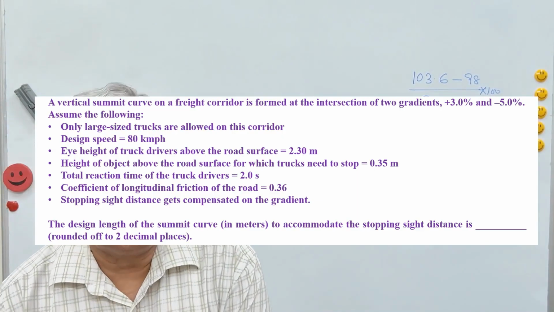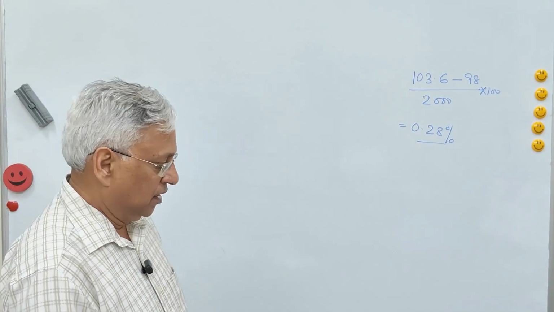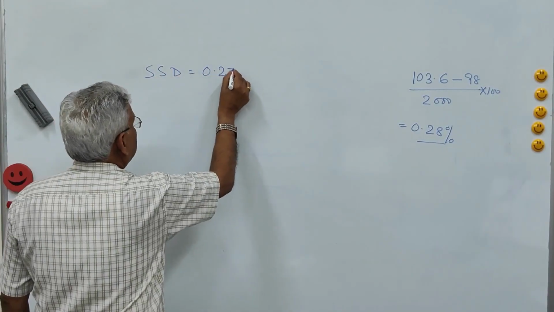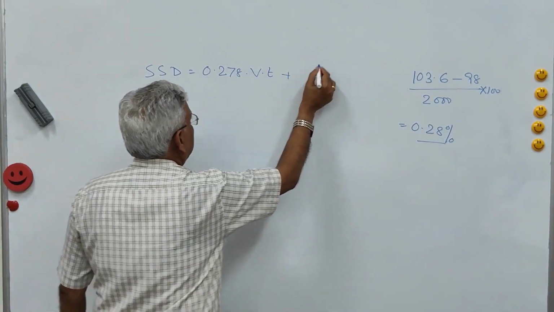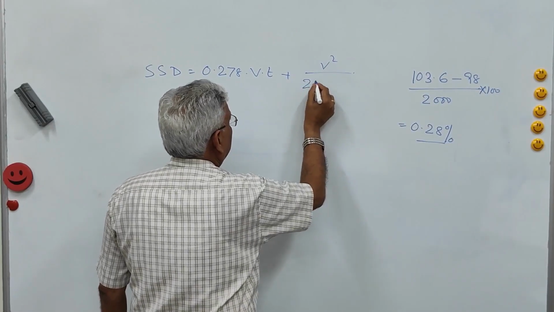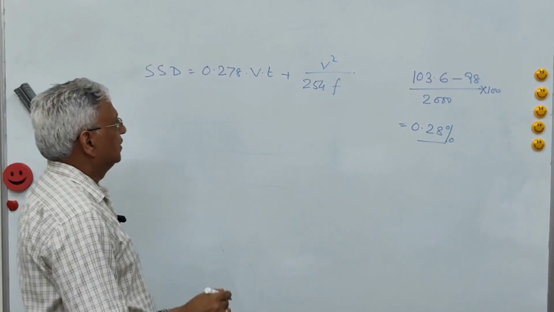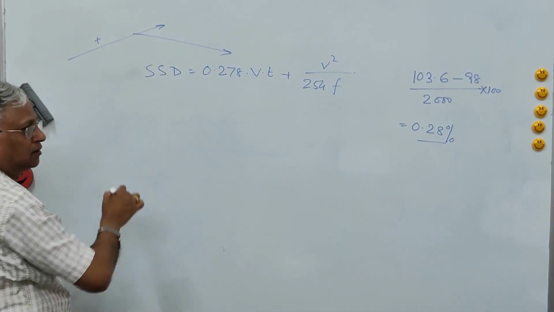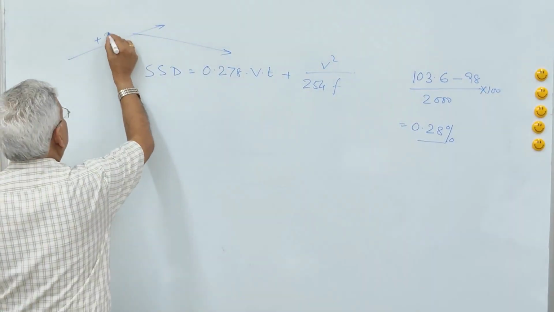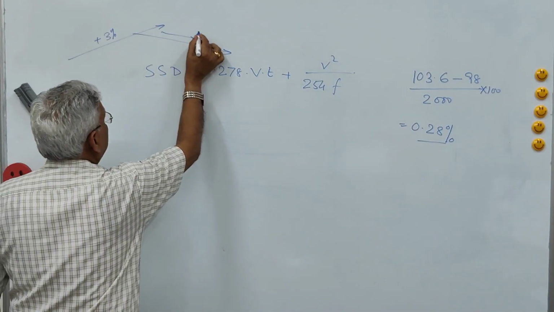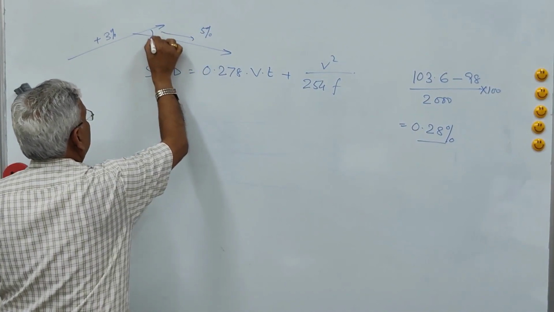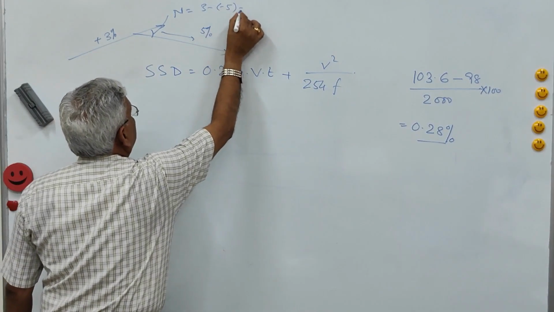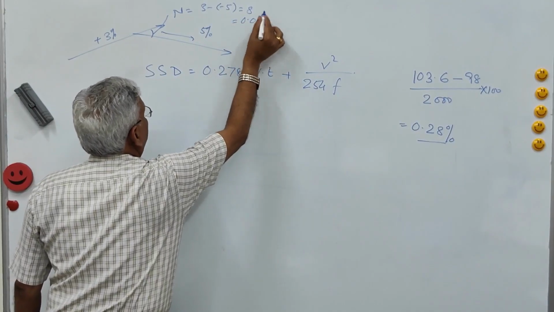Now here, first you calculate the stopping sight distance. And the stopping sight distance is given by this equation: 0.278 into V into T plus V square upon 254F. It's a summit curve formed by a positive gradient of 3% followed by a falling gradient of 5%, and therefore this N is 3 minus (minus 5), that is 8% or 0.08.